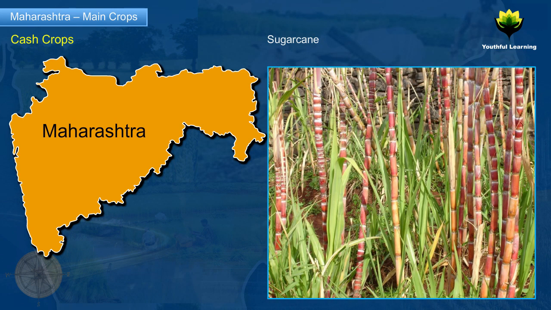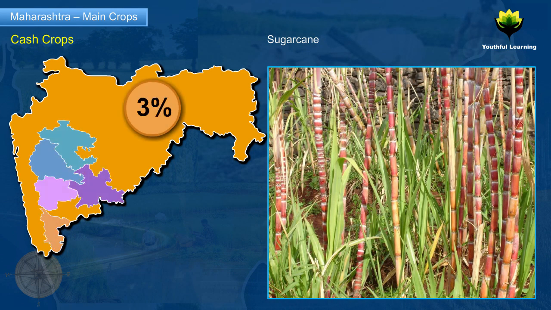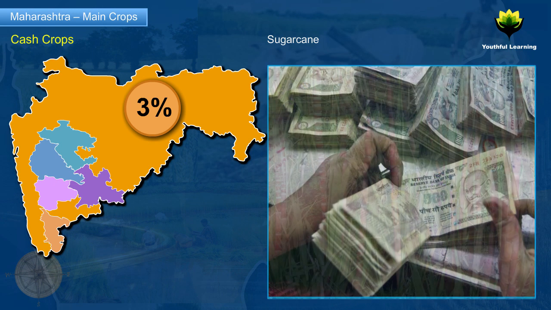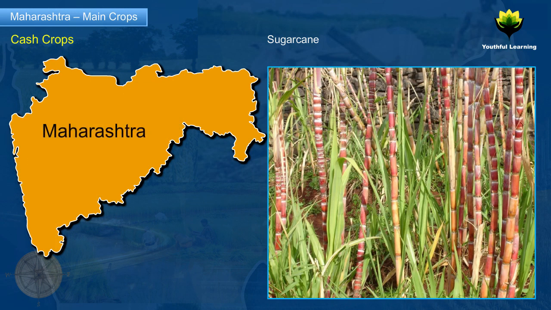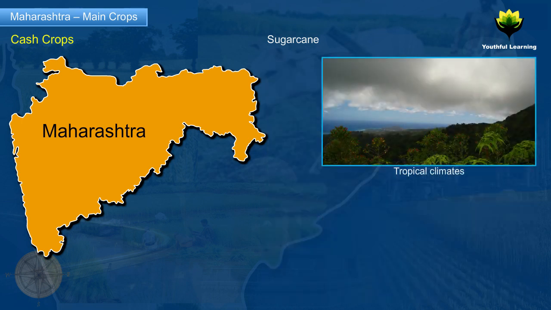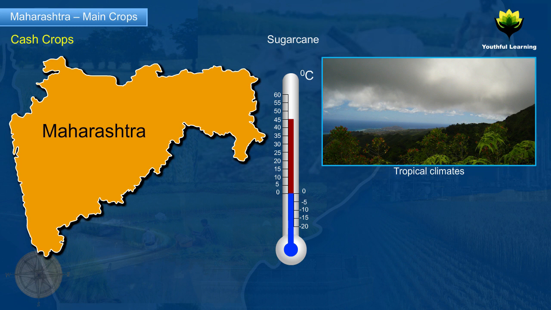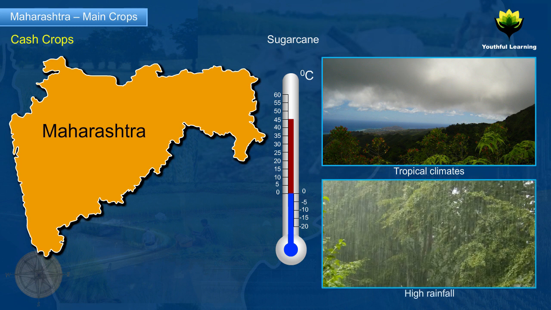Sugarcane. Sugarcane accounts for 3% of the cultivated area in Maharashtra and has contributed to the economic development of the state. Sugarcane grows well in tropical climates and requires high temperatures and high rainfall.